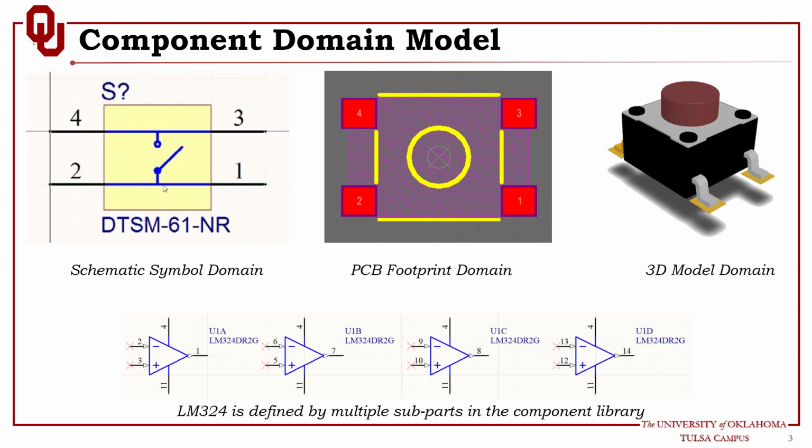In other situations, the component can be defined by multiple subparts, where each subpart represents a logical entity within the physical component. For example, we see here the operational amplifier LM324, which has quad stages. It has 4 op amps within a single chip. Now, these are called subcomponents belonging to one component. And we will practice today how we can create a component with subcomponents similar to this.